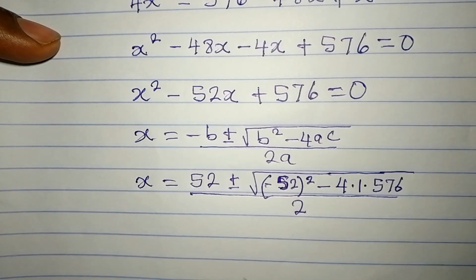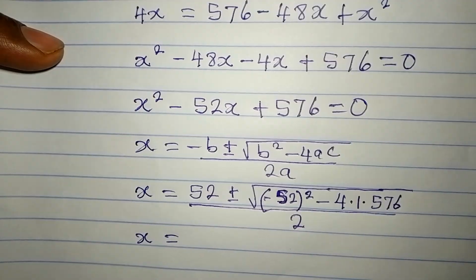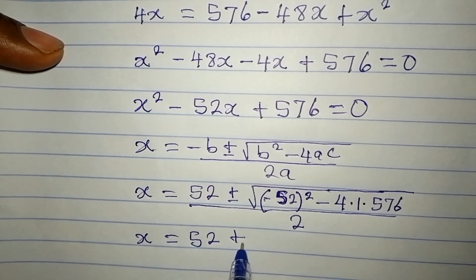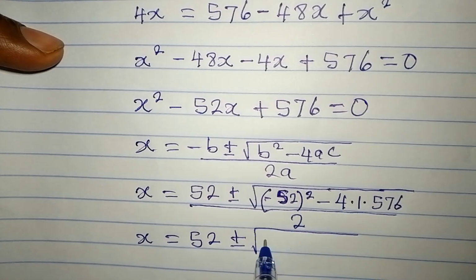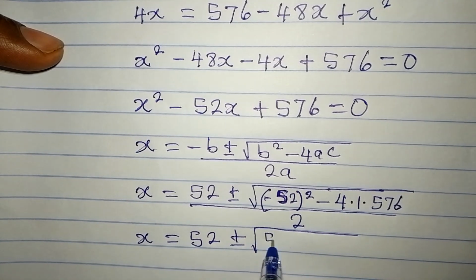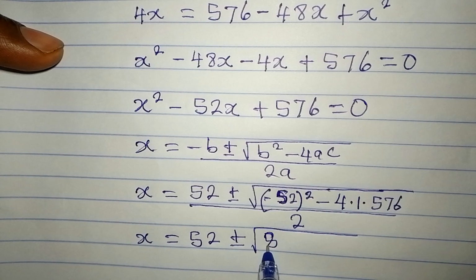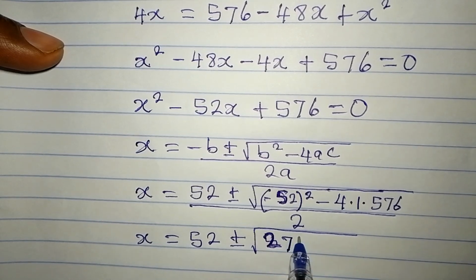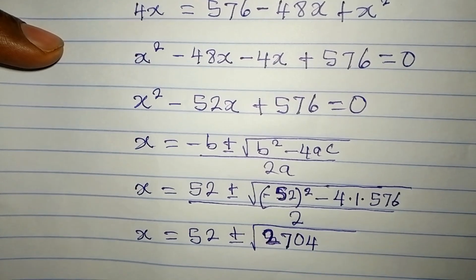So our x is equal to 52 plus or minus, then negative 52 squared will give us 2704.